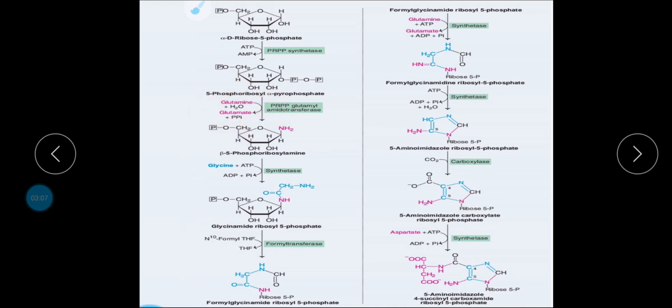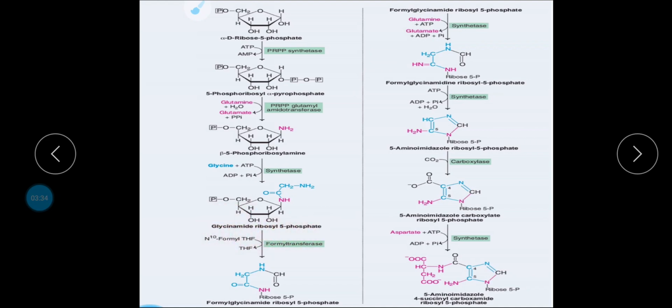Right? Now the enzyme required here is phosphoribosyl pyrophosphate glutamyl amidotransferase. Now the product formed here is 5-phosphoribosylamine.